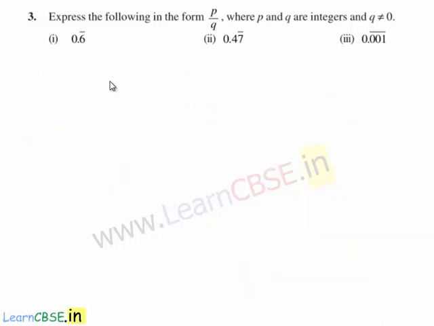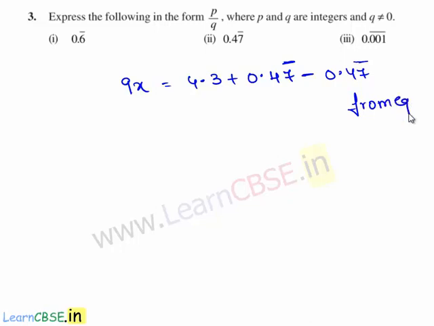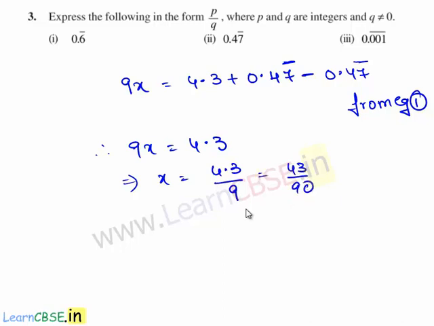So we have 10x minus x is equal to 9x, which is equal to 4.3 plus 0.47 bar minus x, where x is equal to 0.47 bar from equation 1. Therefore 9x is equal to 4.3. Hence x is equal to 4.3 by 9, which is 43 by 90.